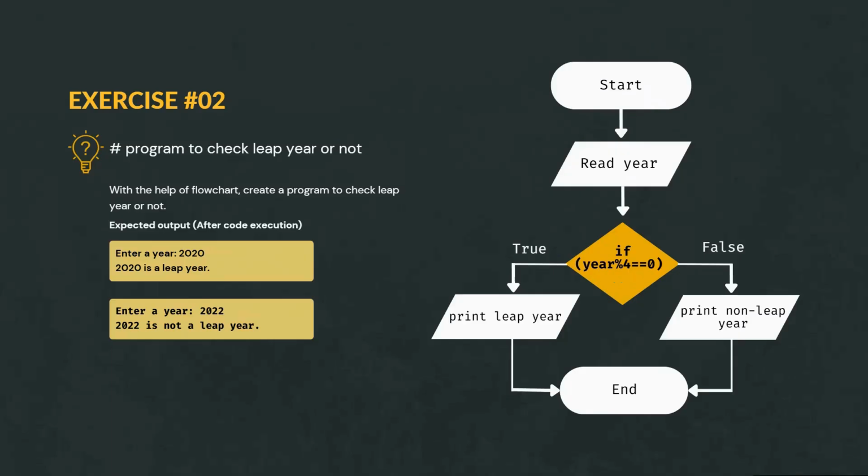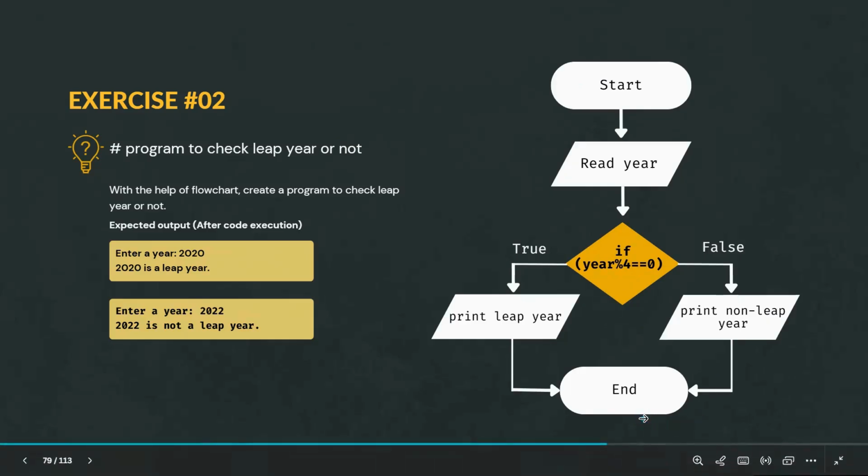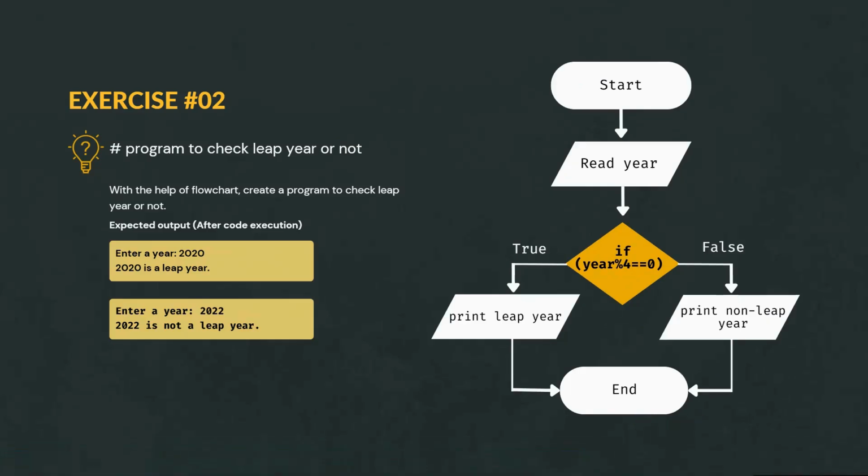So generally the actual logic in order to find a leap year, especially when dealing with maths, is year mod 4 equal to 0. That means if the year is divisible by 4 and you get the remainder 0, then that means it's a leap year. So if this condition is true, then you will print leap year. If this condition is false, then you will say it is not a leap year and you will end the program. So this is what we are going to do.